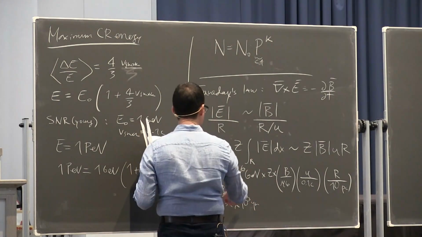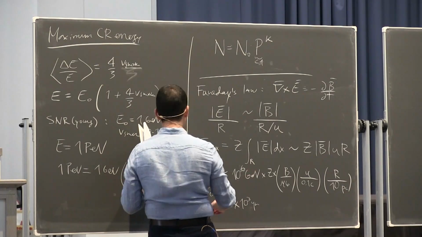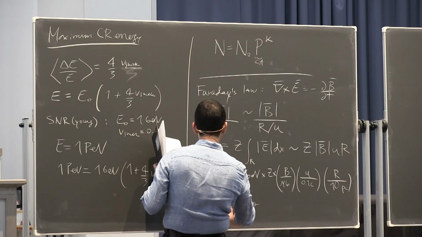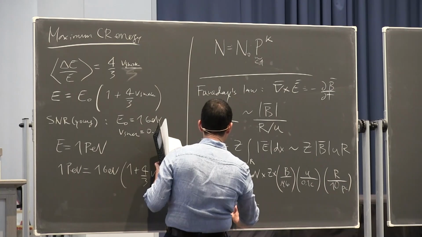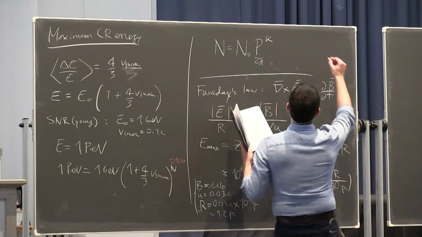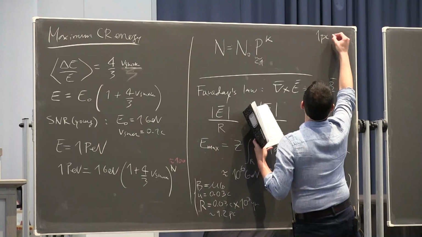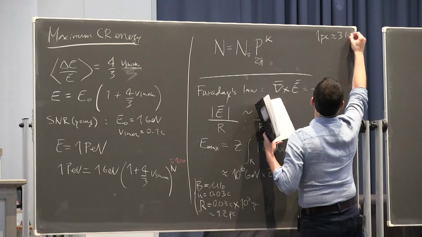So this is how big the region is after 1,000 years of expanding with that speed. And this is about 9.2 parsecs. 1 parsec is about 3 light years.